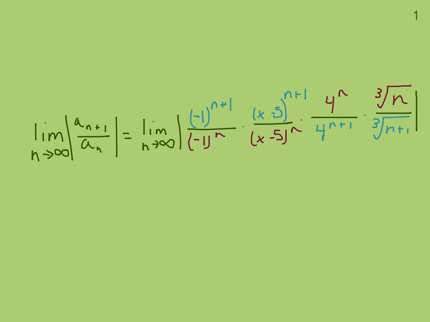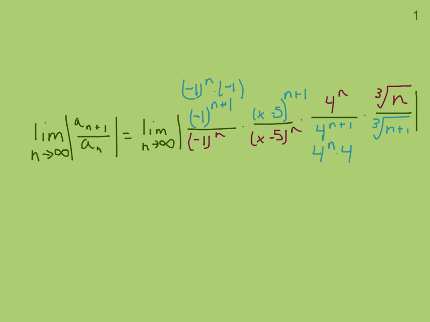We'll do each one of these limits separately. Anything raised to the n plus 1 we can factor out to make it that number to the n times that base. And so we'll have negative 1 to the n times negative 1.